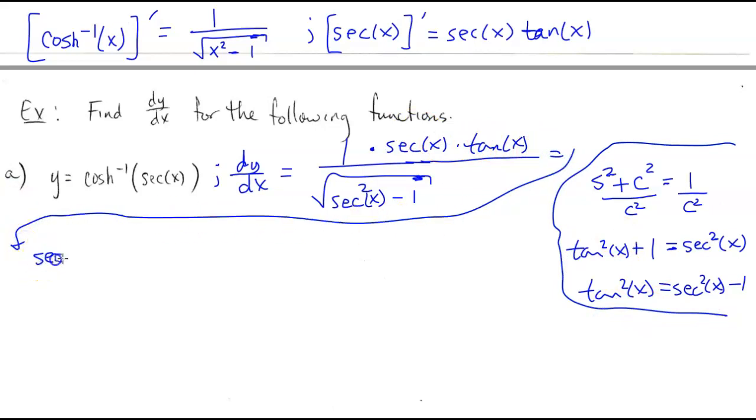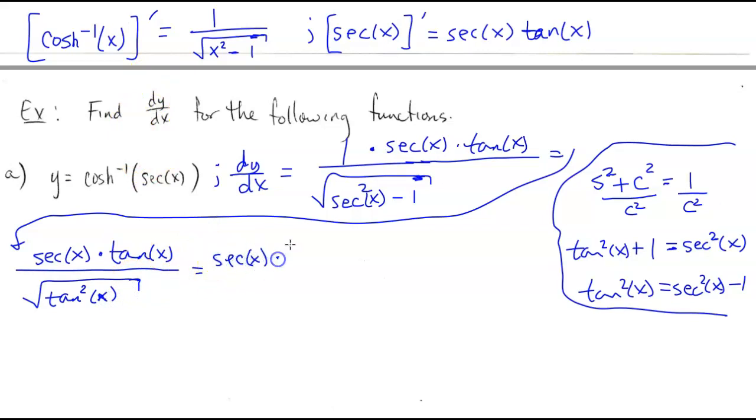And this will be secant x times tangent x, all that over square root of tangent squared x. And so here, we'll rewrite the numerator. And we know that the denominator here for square root of tangent squared is just going to be absolute value of tangent.